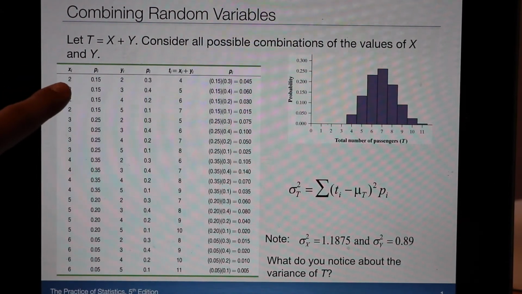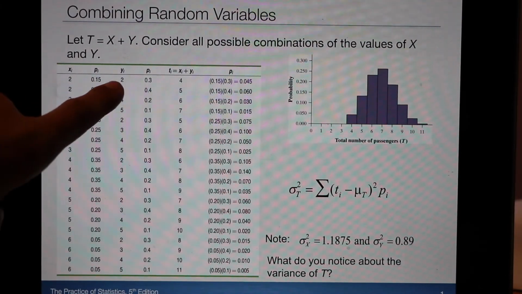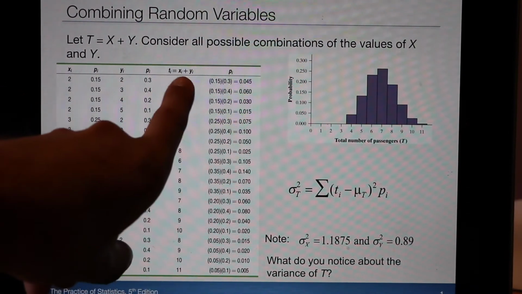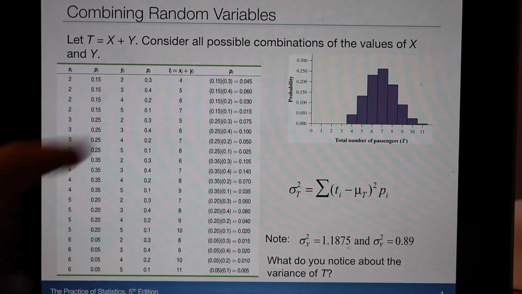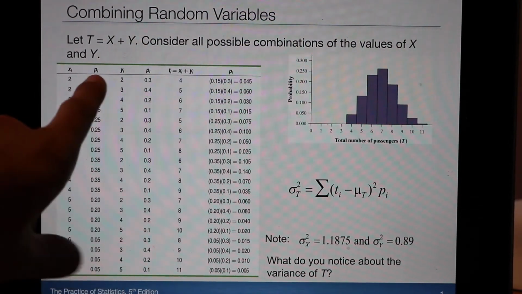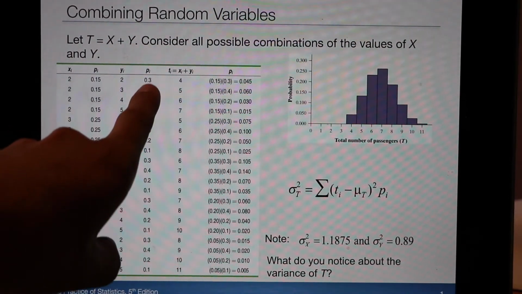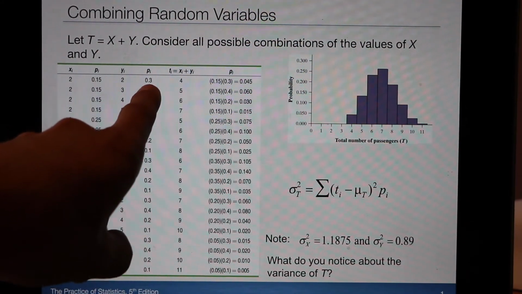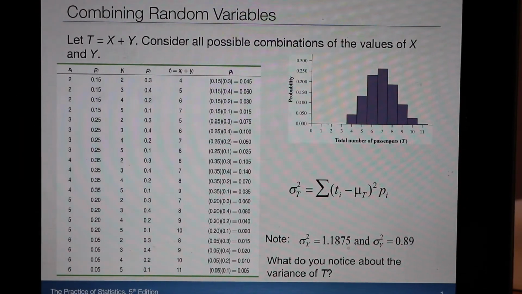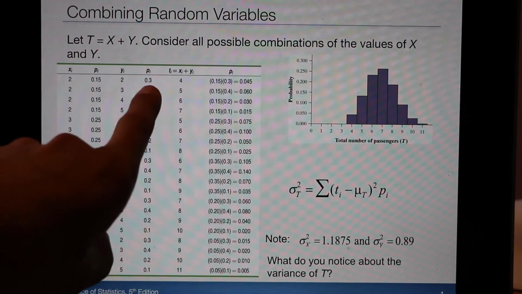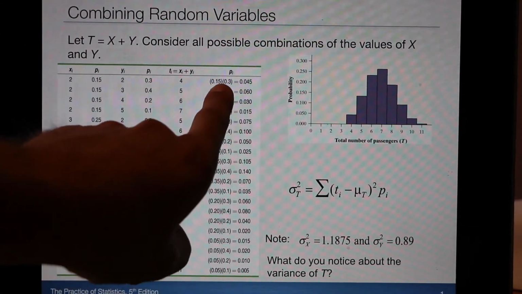One possibility is that Pete's Jeeps could get 2 passengers and Aaron's could get 2 passengers, which means the combination of the two companies would be 4 passengers. Well, what's the probability that you would get 4 passengers? There's a 15% probability that you get 2 passengers from Pete and a 30% probability that you get 2 passengers from Aaron. If you recall, for independent events, if you want one event to happen and another event to happen, you can multiply those probabilities.